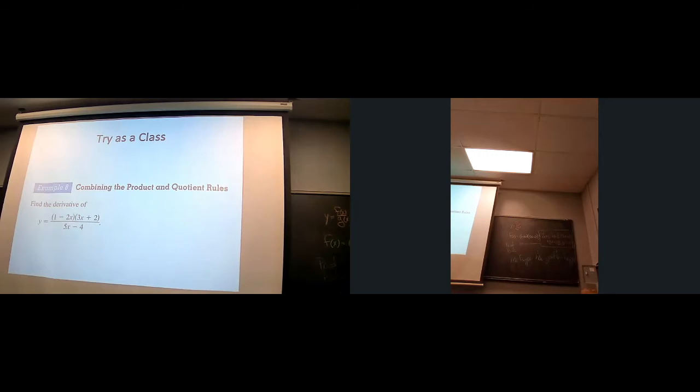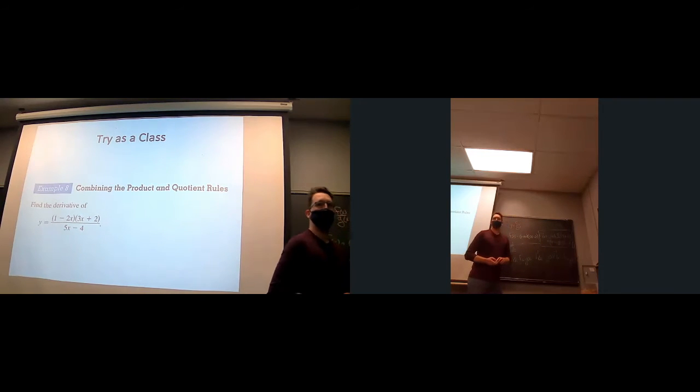So all I've done to our numerator so far is define what that f of x is, quote unquote, and then apply the product rule to find its derivative. Everybody cool with this? Yeah.